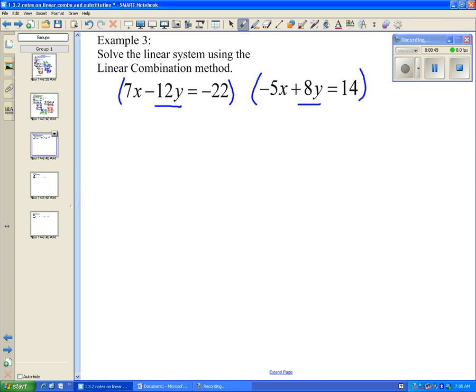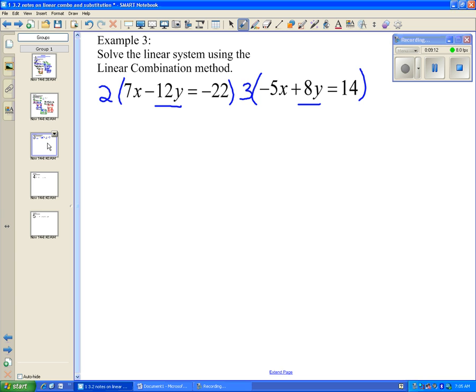The LCM of 12 and 8 is 24. So I have to multiply my left equation by 2 and my right equation by 3. On the left, I'm going to get a negative 24. On the right, I'm going to get a positive 24, and those will cancel out.